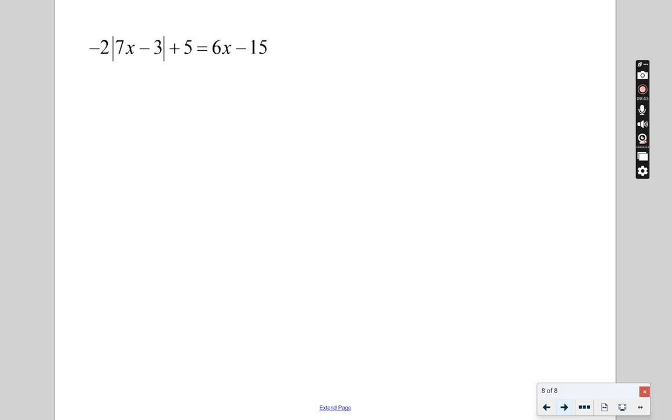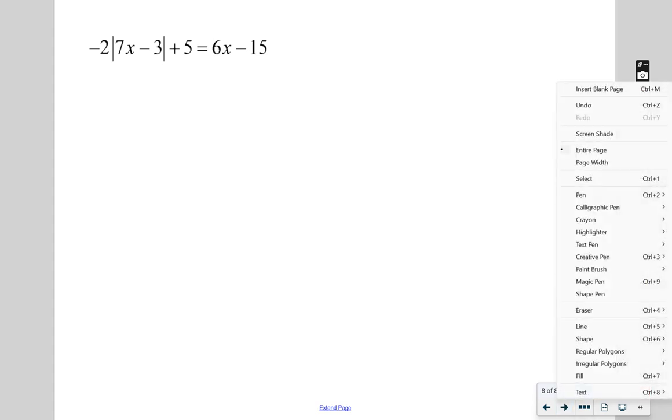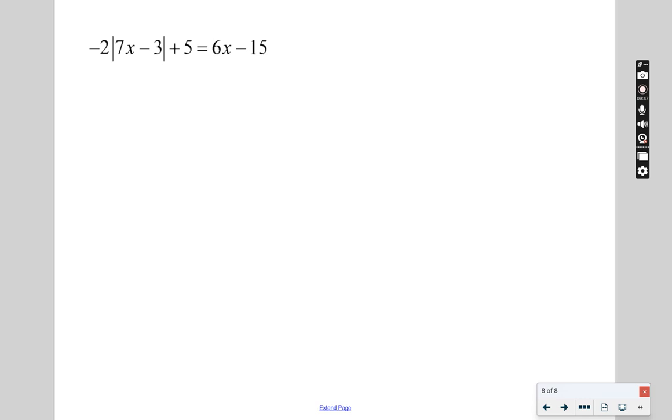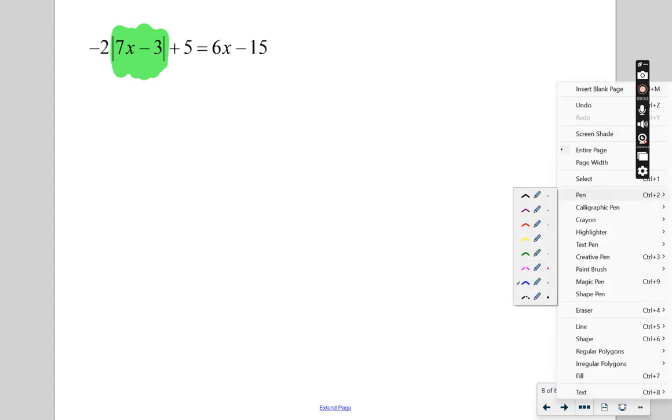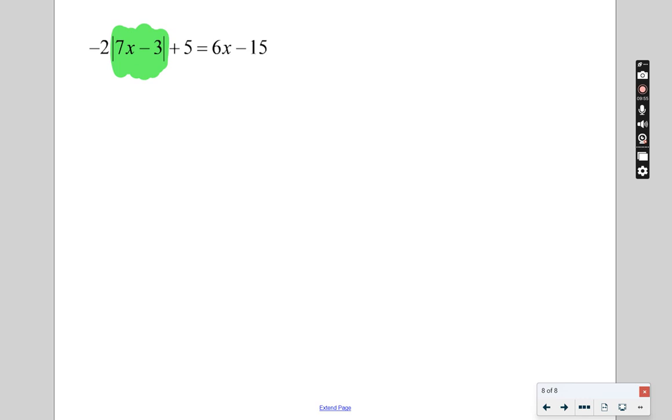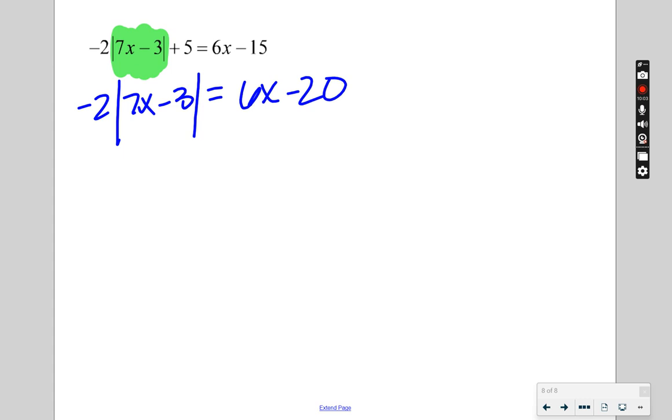Subtract the 5. Okay, we've got to get those absolute value bars by themselves. So this is what I want to get on its own. I'm going to subtract 5. So -2 absolute value of 7x minus 3 equals 6x minus 20. All right, now what?